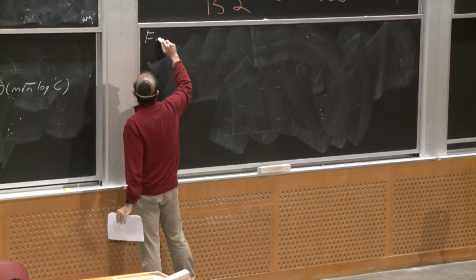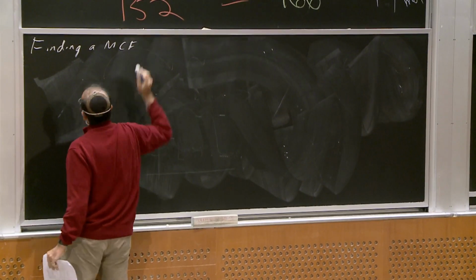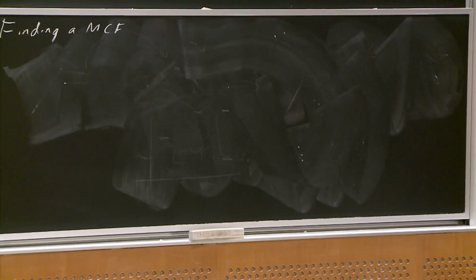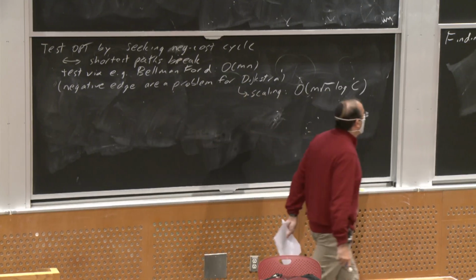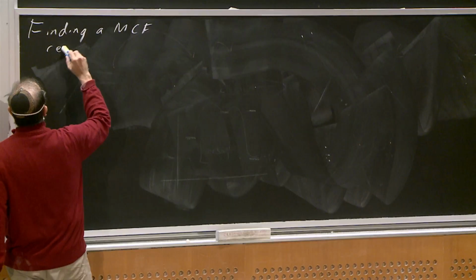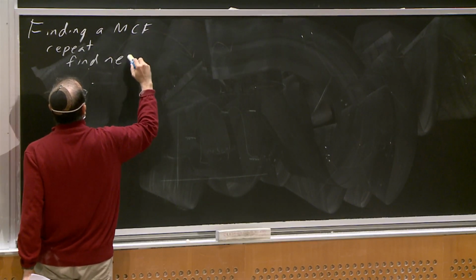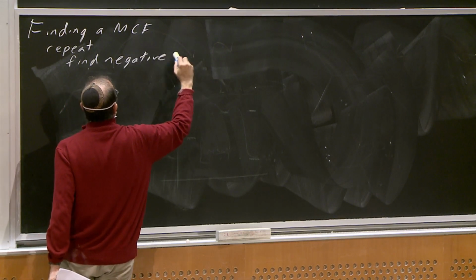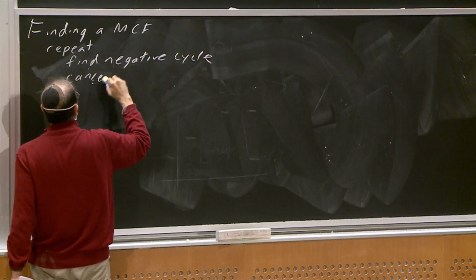So how can we turn that detector into an algorithm for finding a min-cost flow? Right. What we will do is simply repeat: find a negative cycle, and then cancel it.